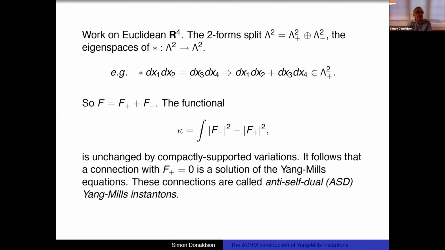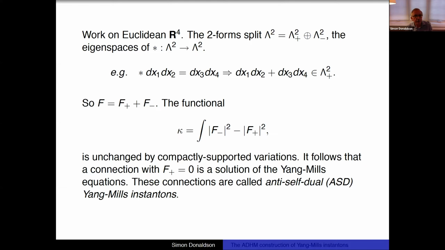In any case, in our situation then, the curvature we can write as a sum of self-dual and anti-self-dual components, F plus and F minus. And our Yang-Mills functional is just the sum of the squares of the norms of those two things.